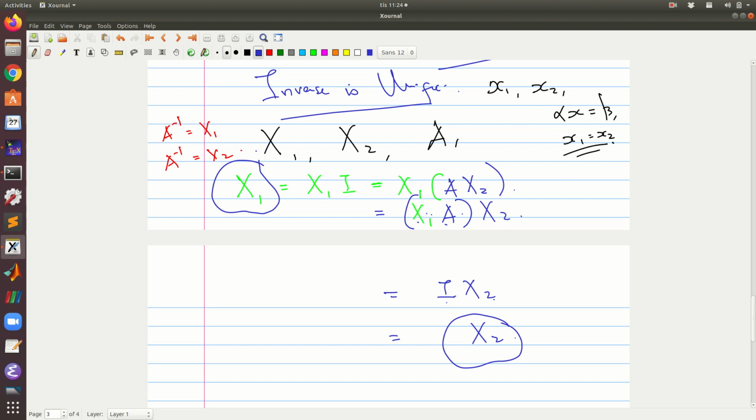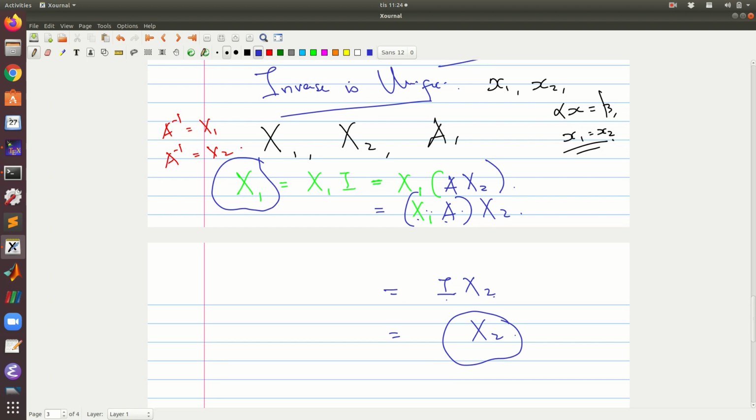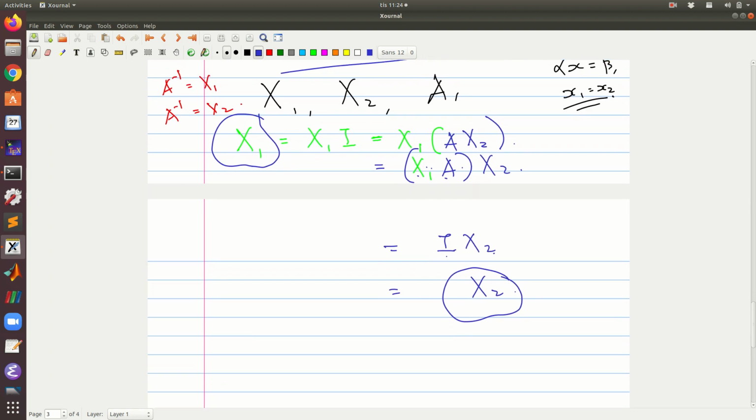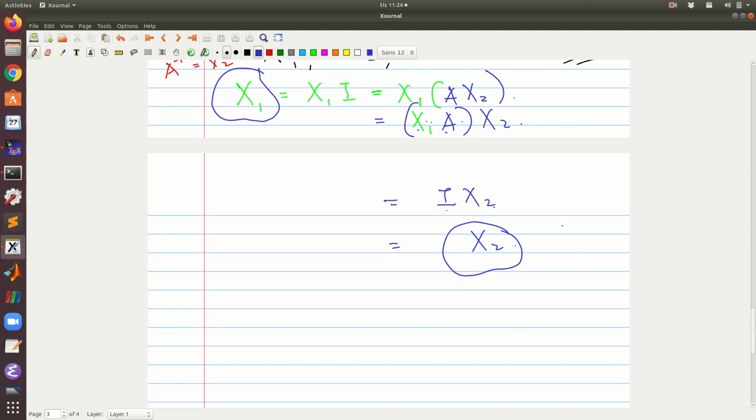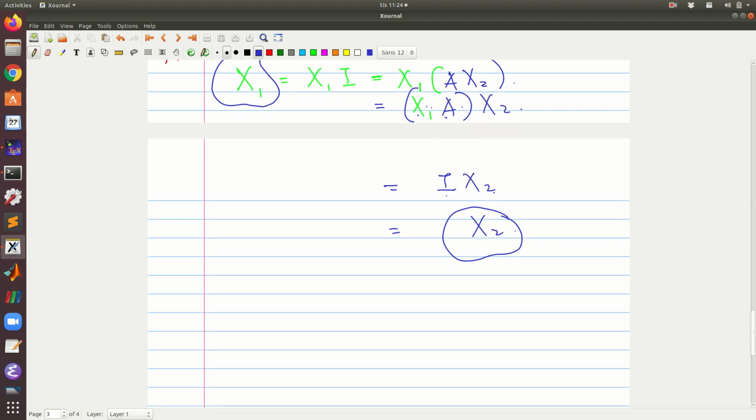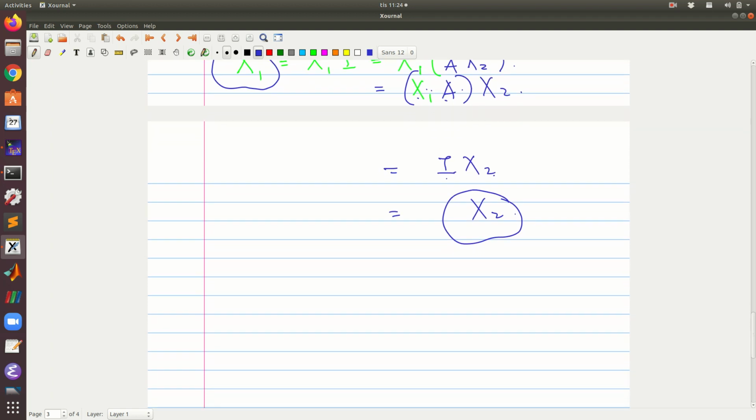Yes, so what else here? Matrix inversion, in this way we have defined it analogously to scalar inversion, what we did at first, okay. And since matrix multiplication is associative, we have used all this reasoning here in trying to show that x1 equals x2.